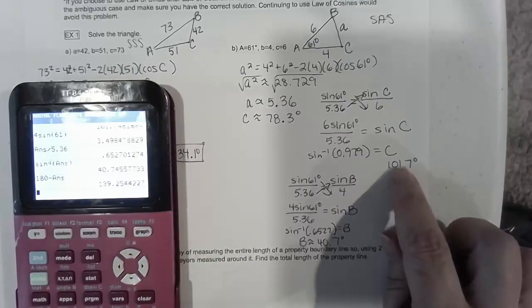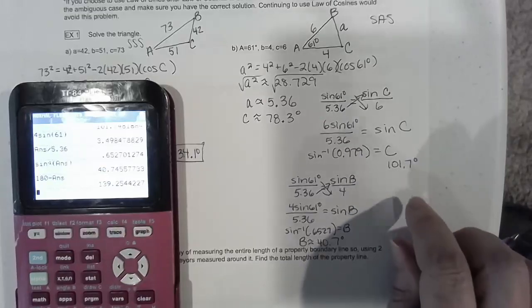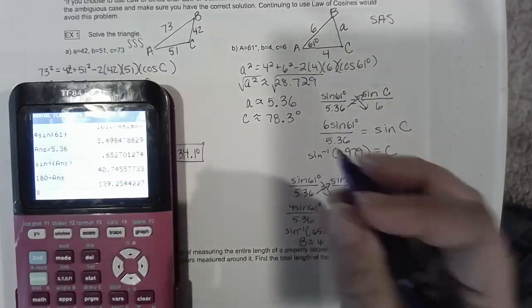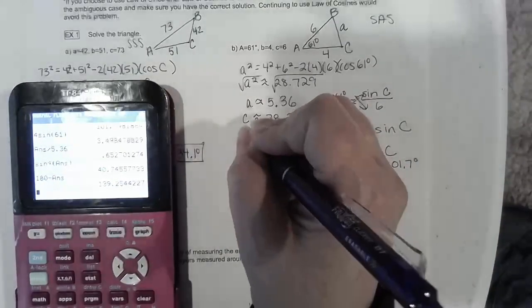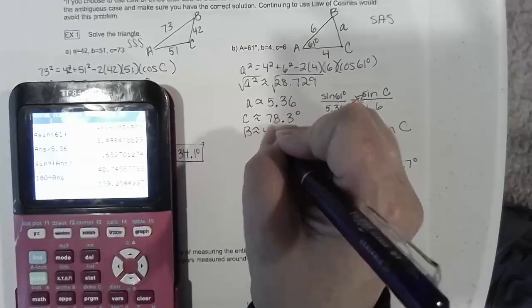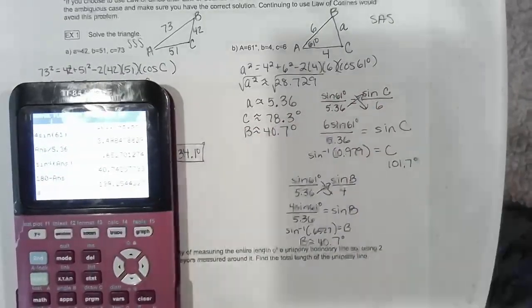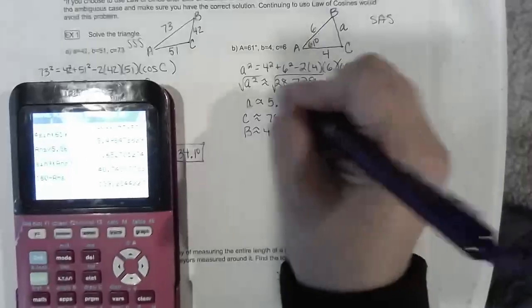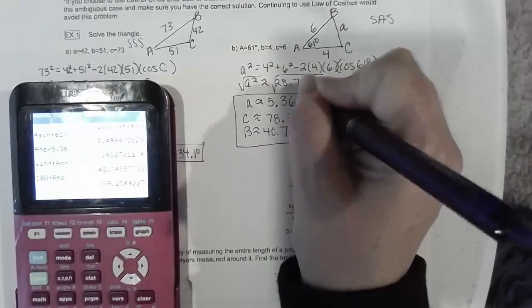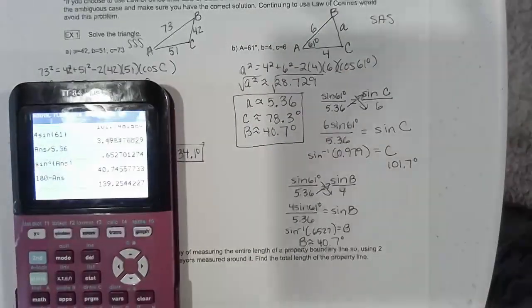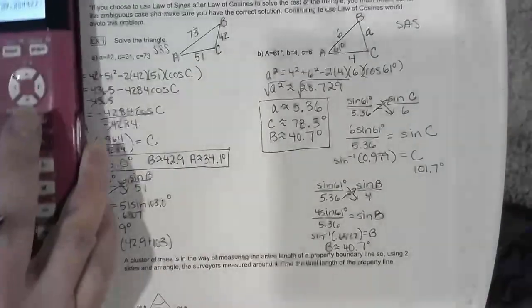So I can toss aside the 101.7 in this case. So angle B would be 40.7, and this is the triangle that I would create.